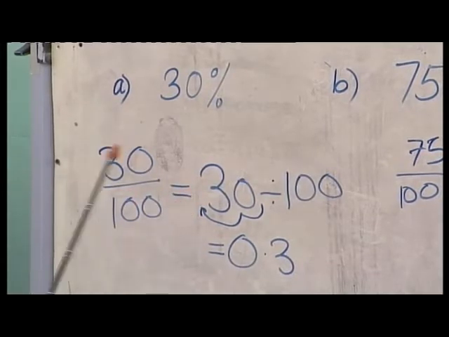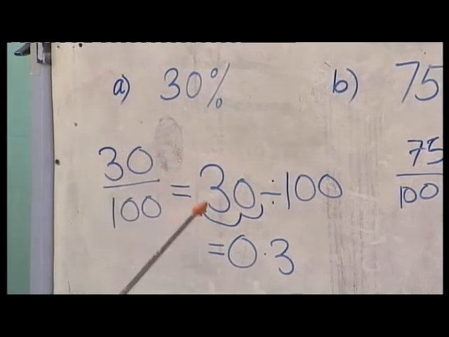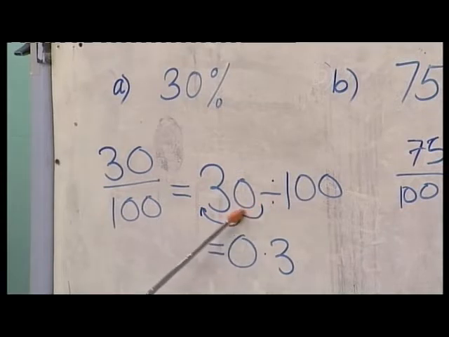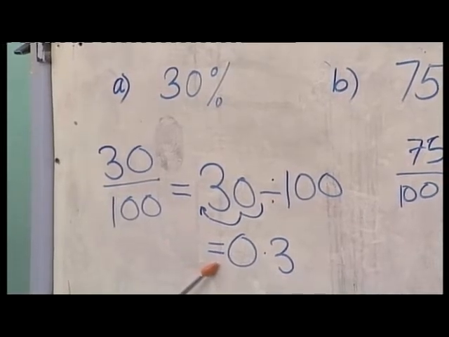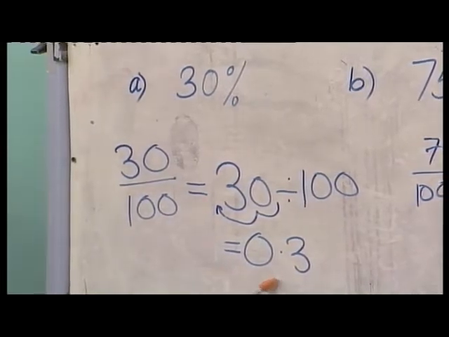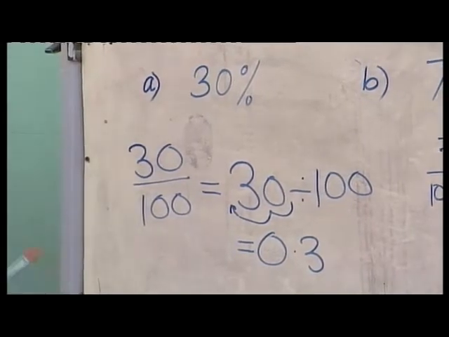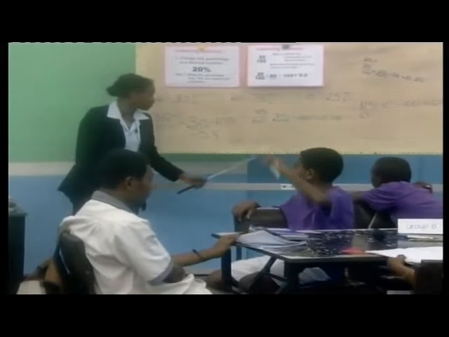Then we are to divide the numerator by its denominator. 30 divided by 100. Laka has moved her decimal point 2 places to the left, and you can see it from the exercise itself. And she finally got her answer as 0.3. Very good. Put your hand up if you have the same answer. Good. I will be collecting your books to cross-check that.